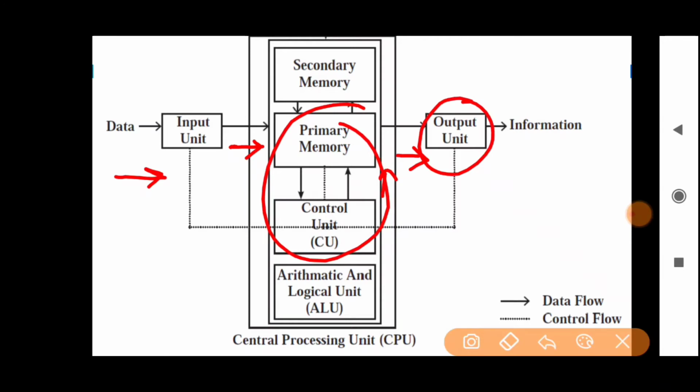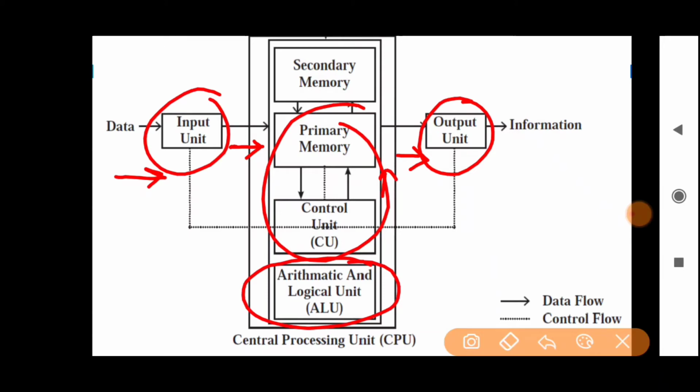The output unit can be a printer or a monitor, and the input device can be your keyboard or a mouse. Then apart from that, you also have an ALU, the arithmetic and logical unit, which will process all your arithmetic and logical functions with the help of the control unit.